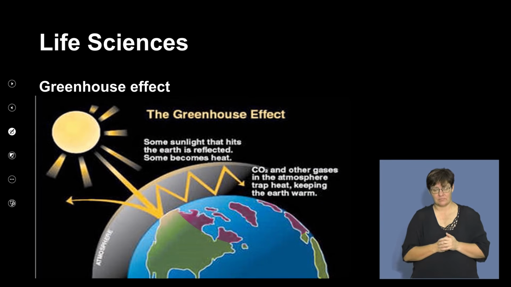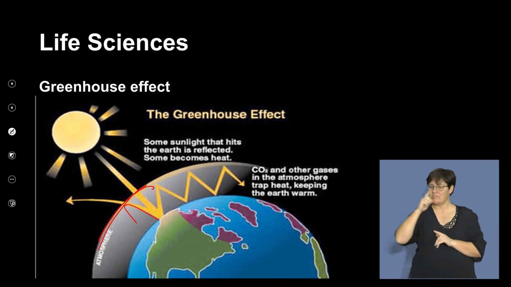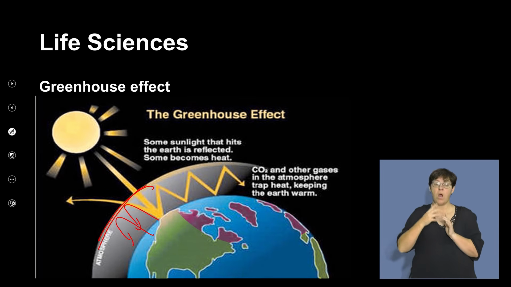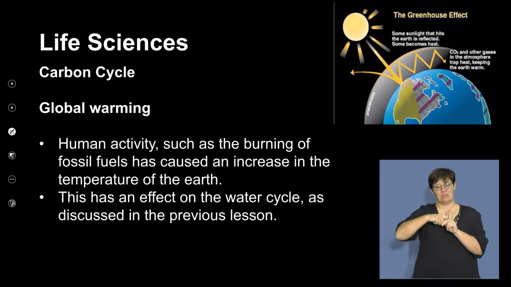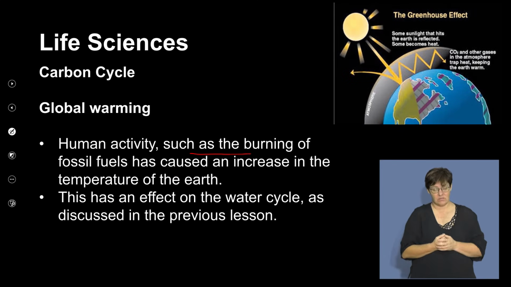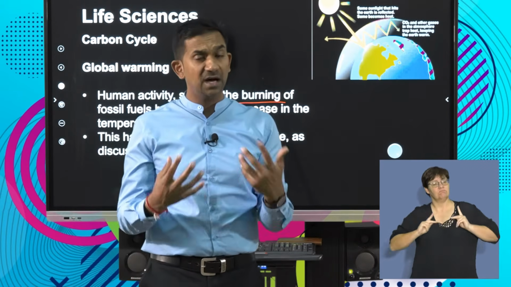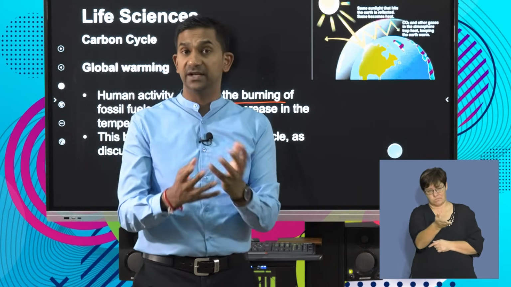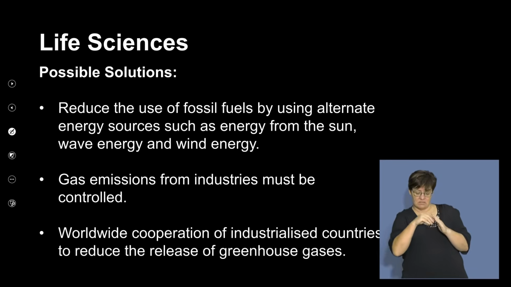However, it is the effect of the increased gases that prevents the heat from escaping, and that is contributing to an increased temperature on the surface of the Earth. Global warming is exacerbated by the fact that humans produce a large amount of carbon dioxide and greenhouse gases that now trap the heat and prevent it from being lost.